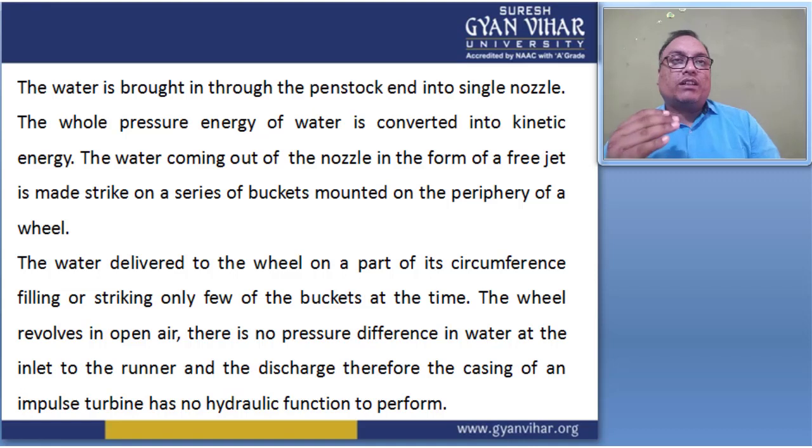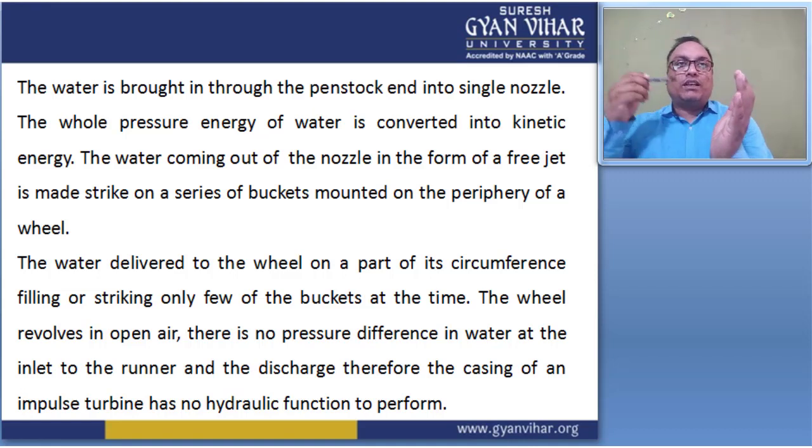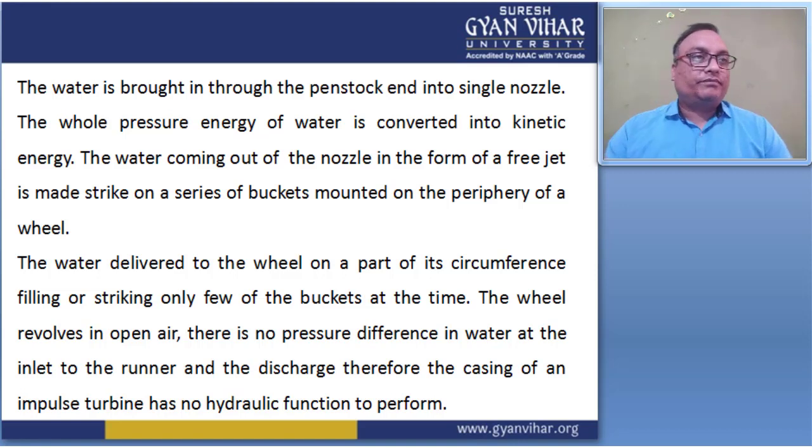This is the jet of water, and the jet strikes this type of bucket, and the water is divided into two parts. One part moves this side and one part moves to this side.